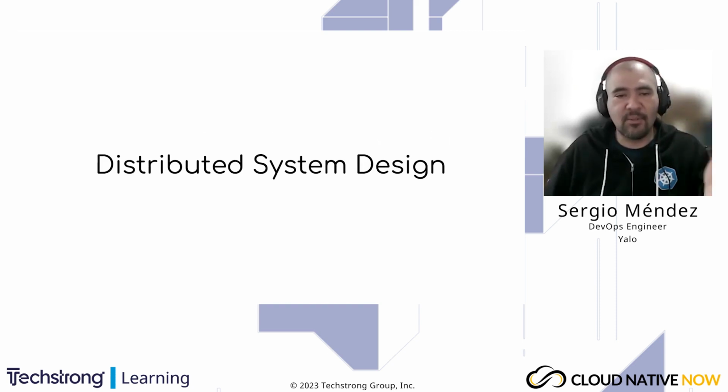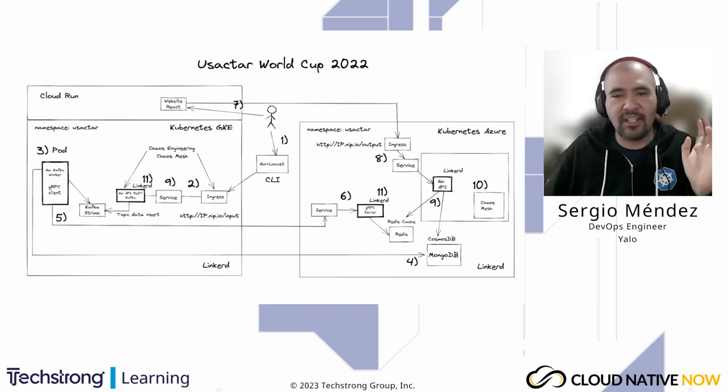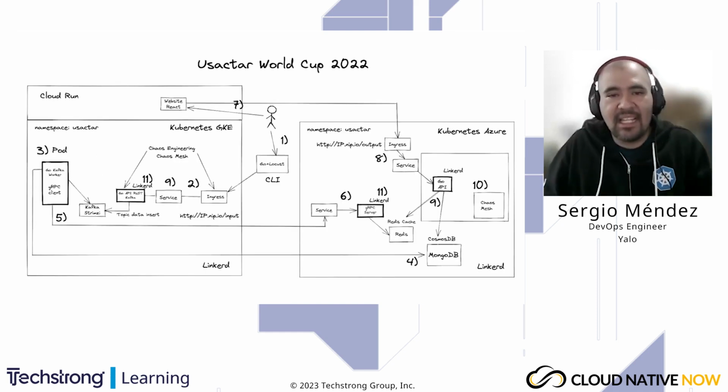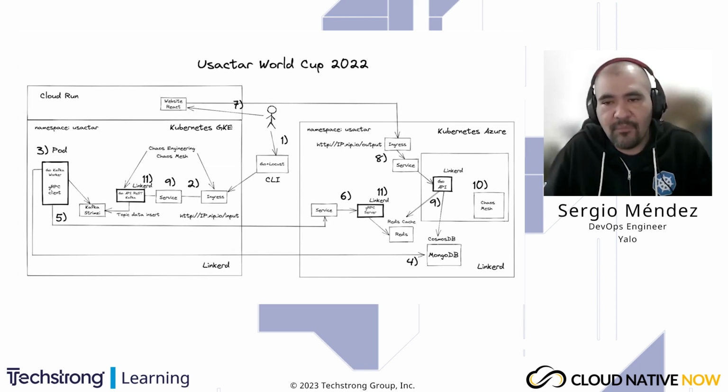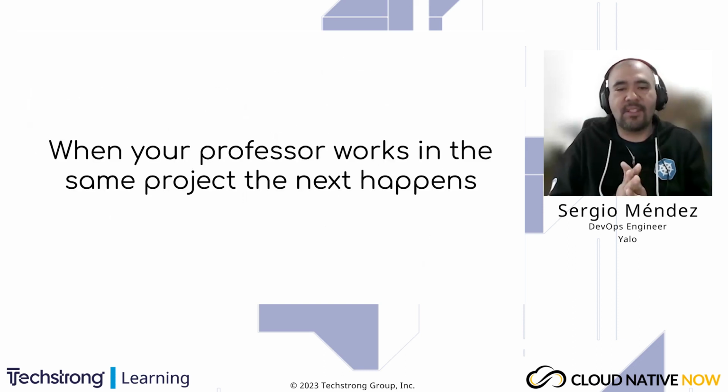Well, so let's move to the distributed system design, how it's organized. Last year, this was the original project, a little bit more complicated than the project that we are working on right now. So let's move to the new evolution of this project.